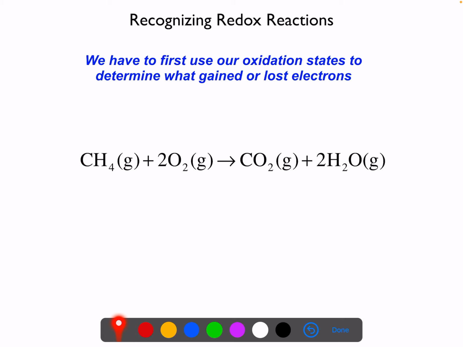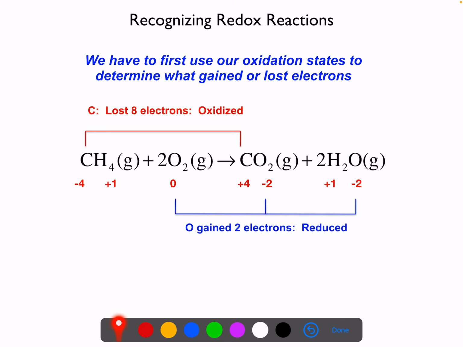If you have assigned oxidation states, what you should come up with is carbon in the -4 oxidation state, hydrogen +1, and oxygen in O2 is 0. On the right, carbon is +4 while oxygen is -2, hydrogen in water is +1, and oxygen is -2. When we look at what happened, we can see that carbon lost 8 electrons, going from -4 to +4.